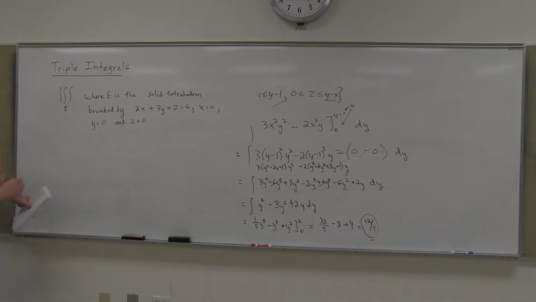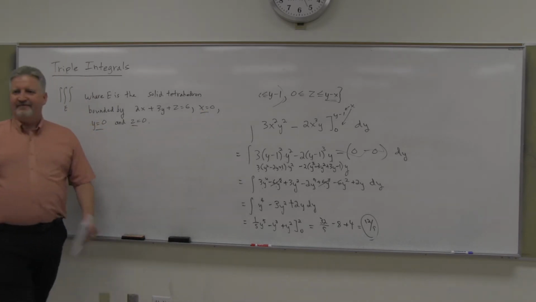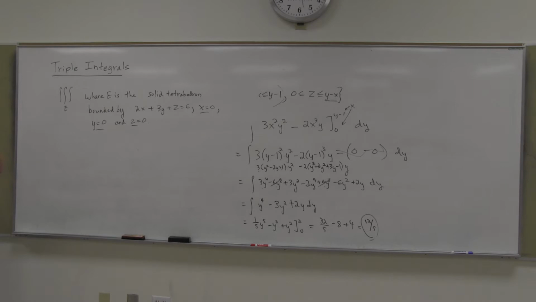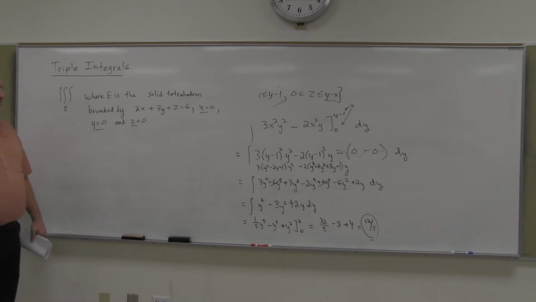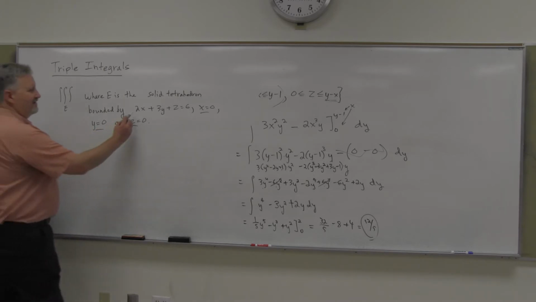So basically, these three mean we're just limiting it to that first octant. Three-dimensional quadrant 1. Yes. That's what that means. All right, now this, what's this?